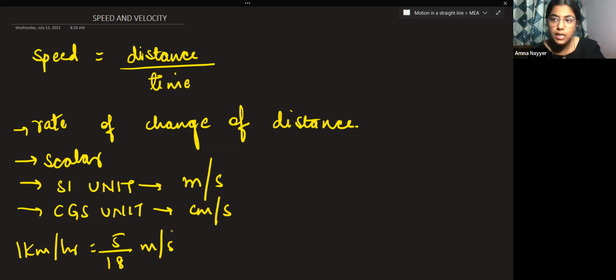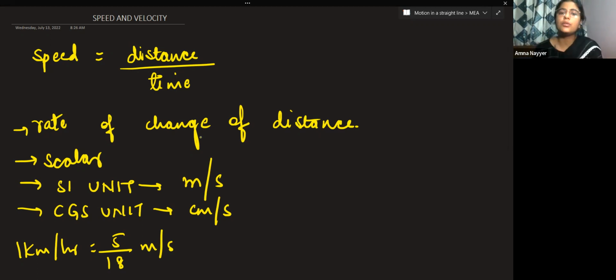Like when we discussed the last question in case of displacement, we had to put in the unit vectors because displacement was a vector quantity. Right now speed is a scalar quantity, so we'll be just using distance, and distance is scalar. You can calculate the distance in any manner, and then just divide by the time.